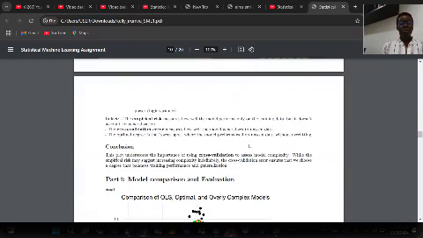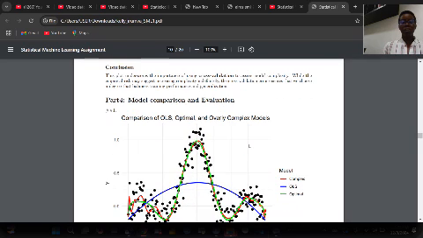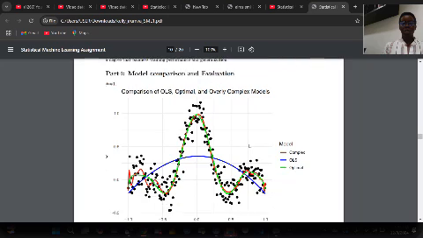We move on to the fourth part, model comparison and evaluation.